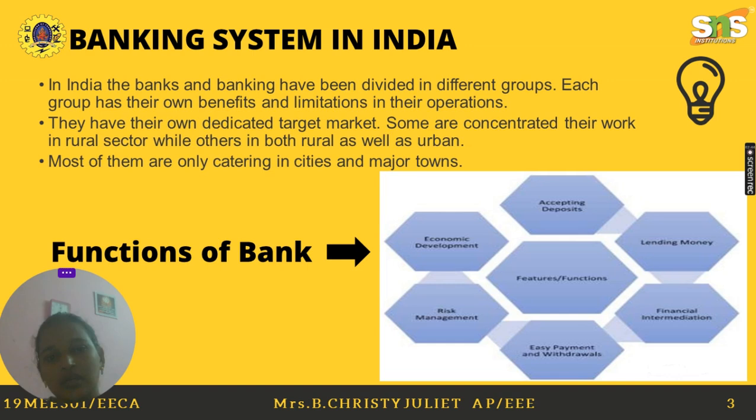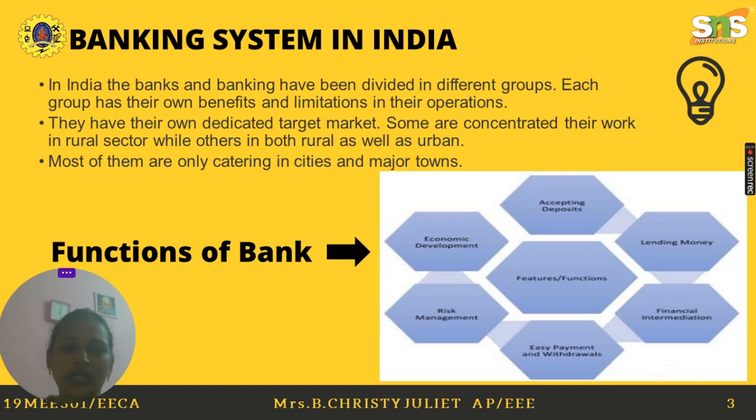Even if it is the Reserve Bank of India or the other commercial banks, every bank will have its own dedicated target. Some concentrate their work in the rural sector, while others work in both rural as well as urban areas. Certain banks will be confined to rural areas, and certain banks will have their branches in both rural and urban areas.